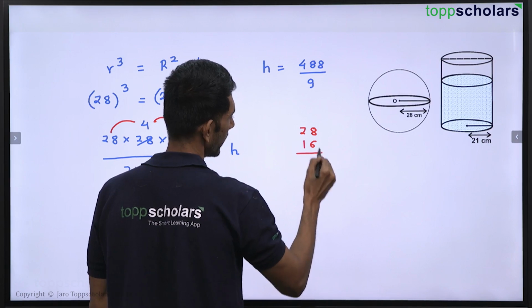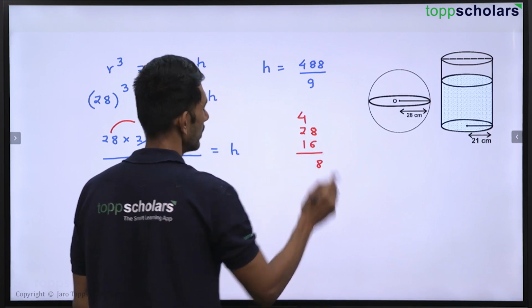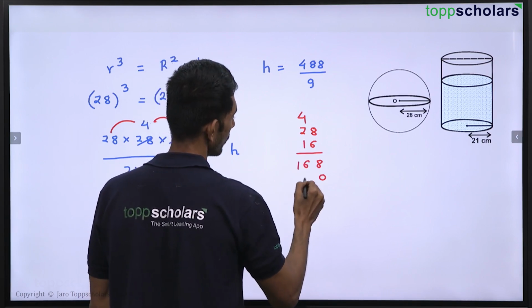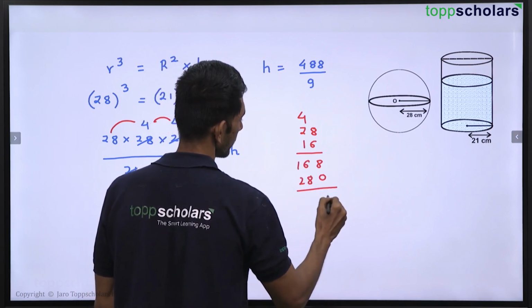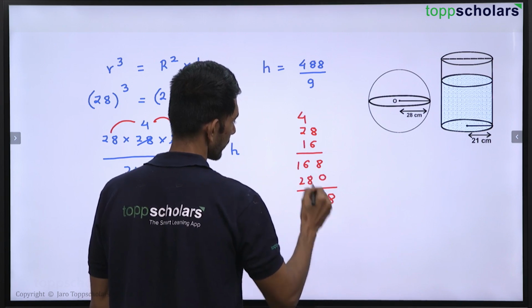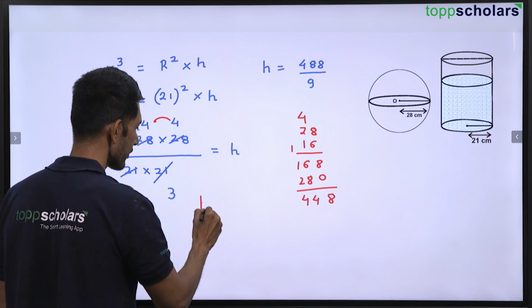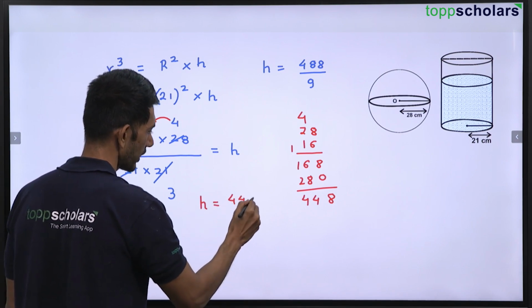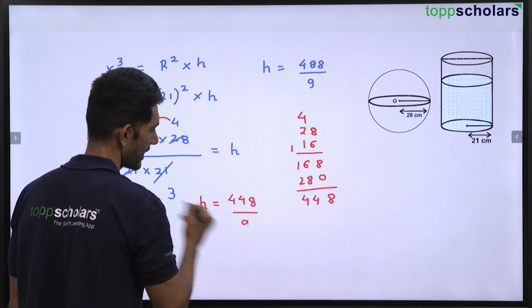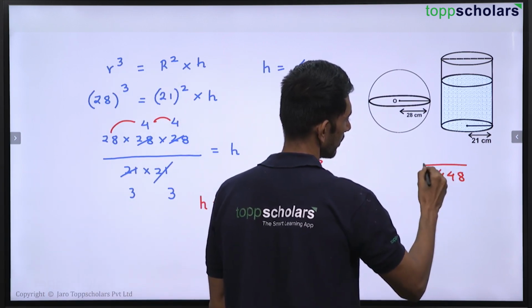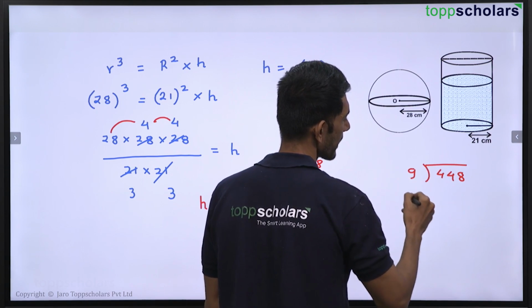So 8 6s are 48, carry 4. 6 2s are 12, 12 plus 4 is 16, this is 0, this is 28, this is 8, 8 plus 6 is 14, 448. So this becomes h is equal to 448 divided by 9. Now divide this, 448 divided by 9, right?